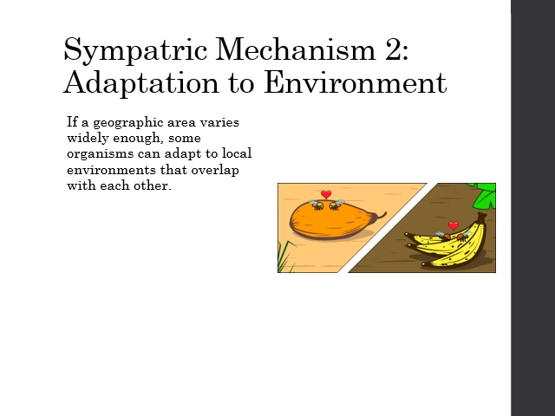They can pass each other, but if they're not breeding in the same place at the same time, they're going to end up speciating. Some flies might be adapted to mangoes, while others are adapted to bananas. Thus, they only mate in one place or the other. They fly past each other, they live in the same area, they might enjoy each other's company in the way that flies do. But they will not mate with each other.